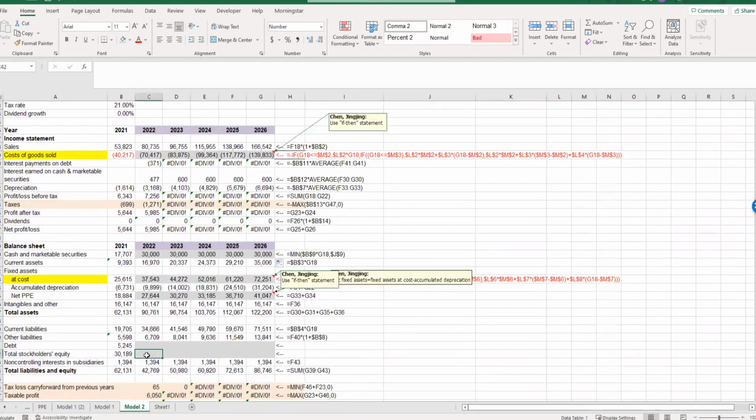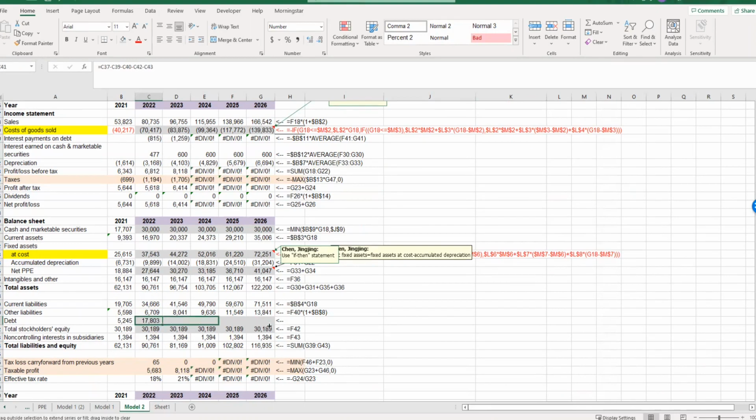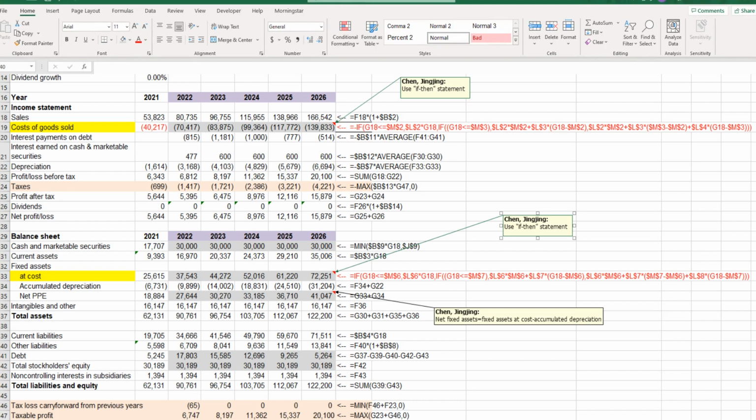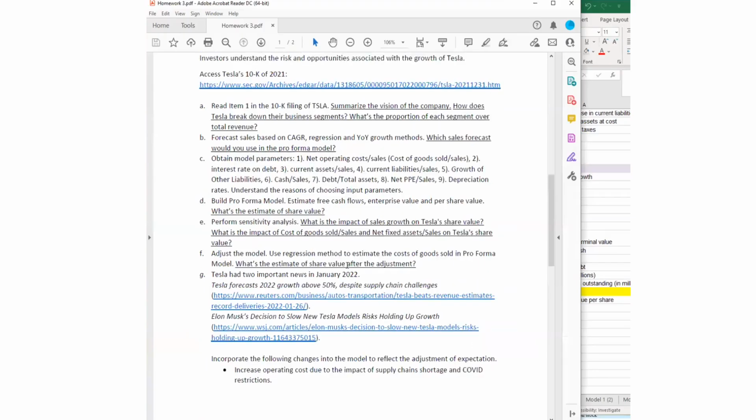And stock level maintains in 2022 level, and debt is the plug, equals assets minus liability, other liability, stock, okay, so that completes question G.